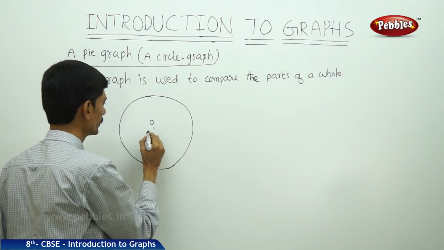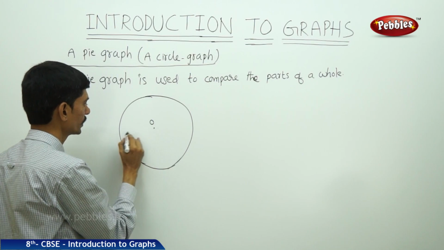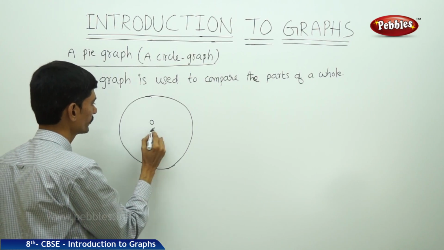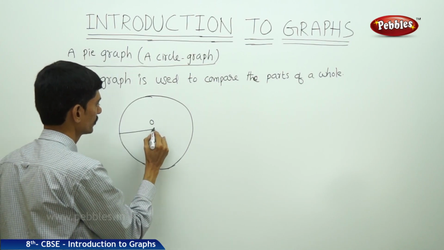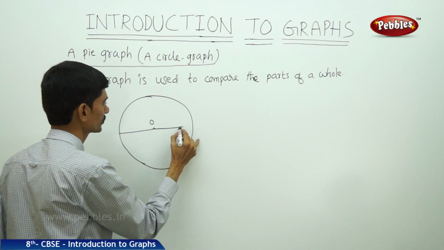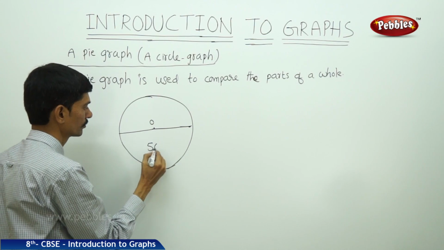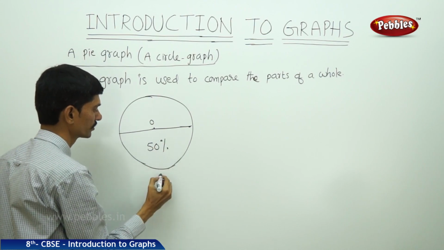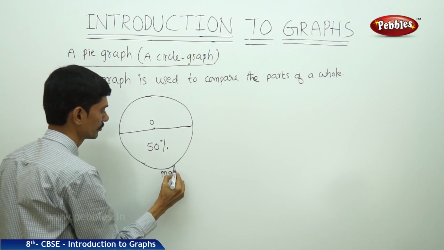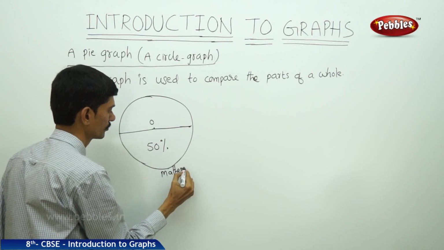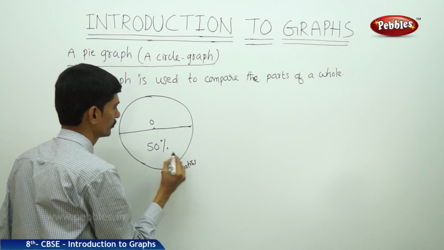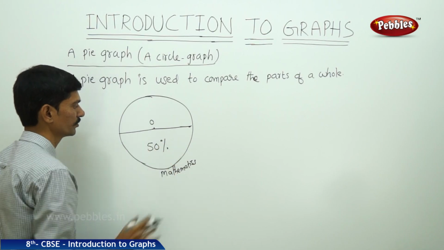So if you want to find the number of students who like mathematics or science or any other subject, for example, if 50% of the students like mathematics, now this is a sector, a semicircle.